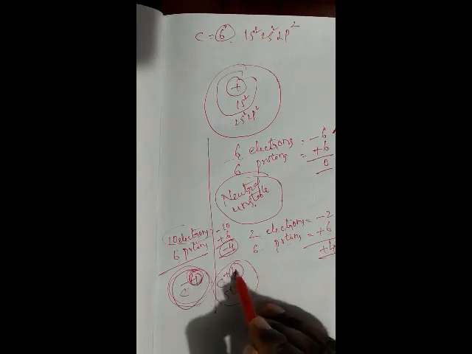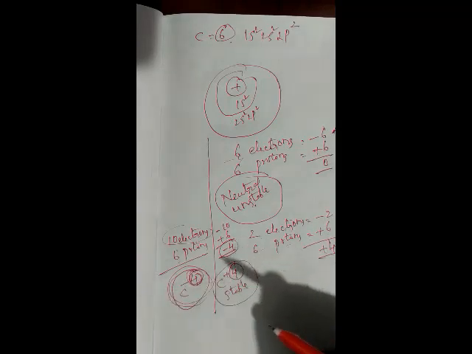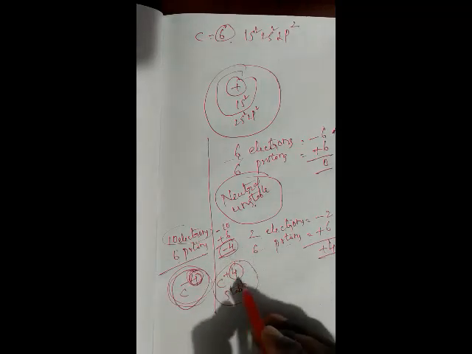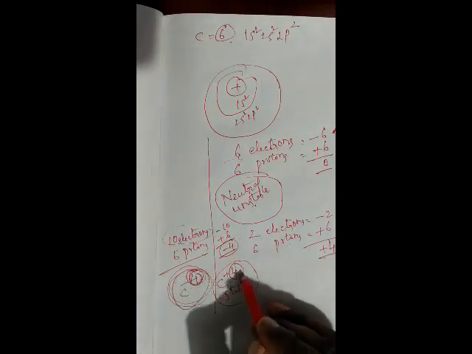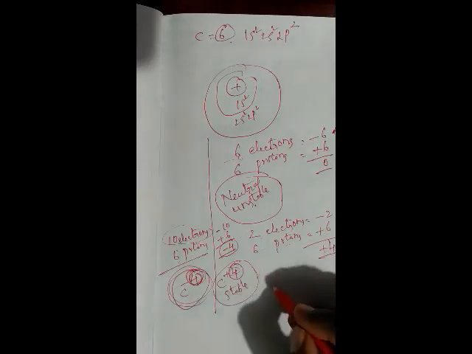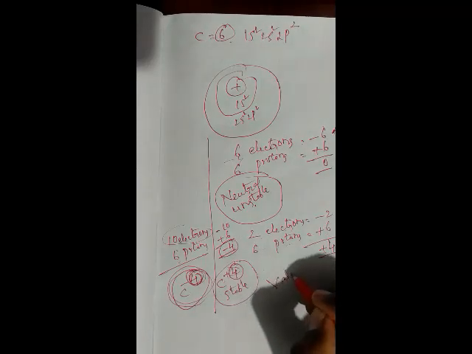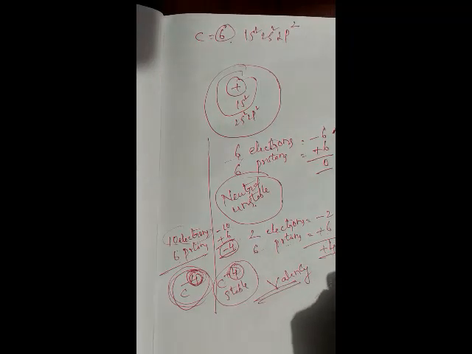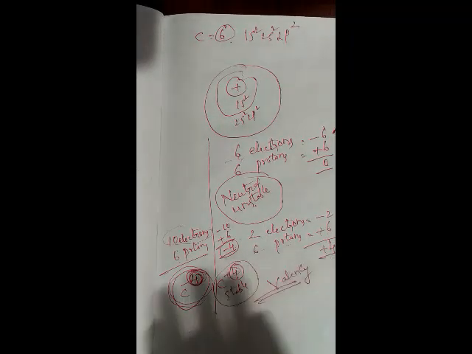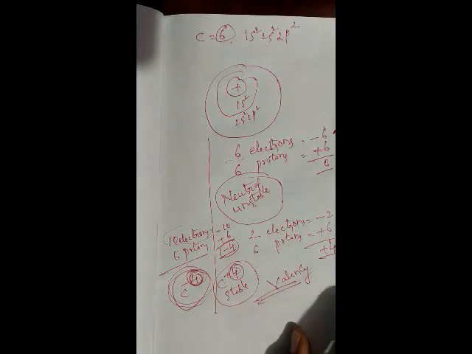So carbon valency is 4. According to the definition, the number of electrons gained or lost by an atom to get stability is known as valency. By using this process we can find the valency. So today's topic is valency.